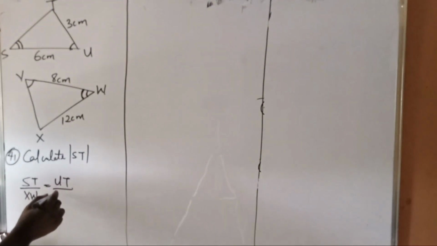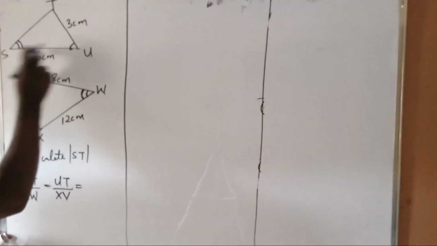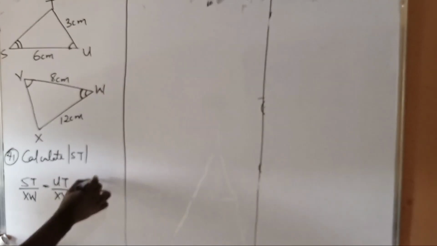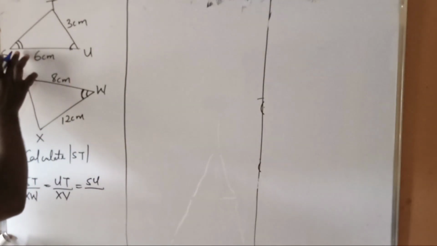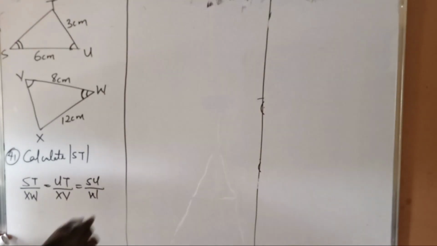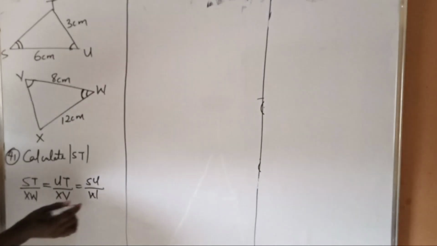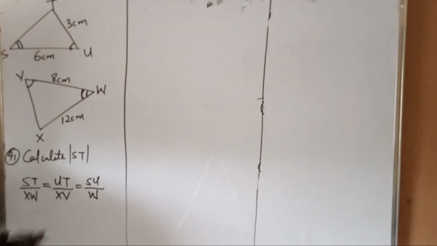That would be XV. XV equals the last part, SU, which is two curves and one, that is VW. So that's the first part. If you fail to get this correctly, definitely you miss your answer.